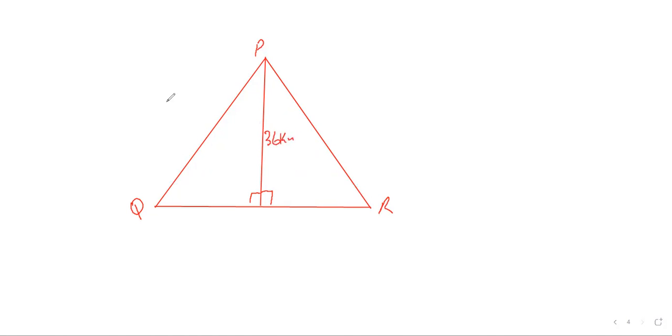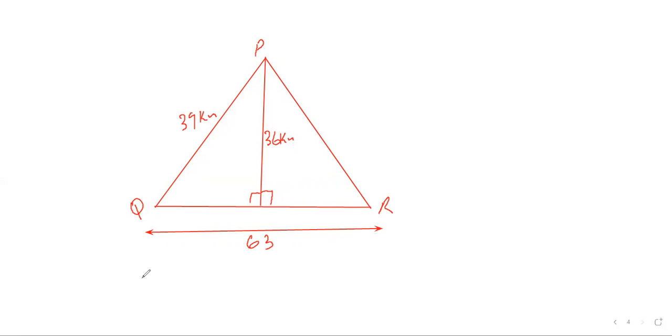This side is 39 kilometers. But from Q to R happens to be 63, right? From Q to R is 63.